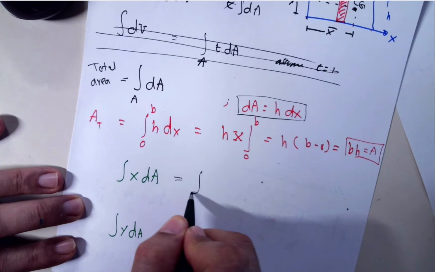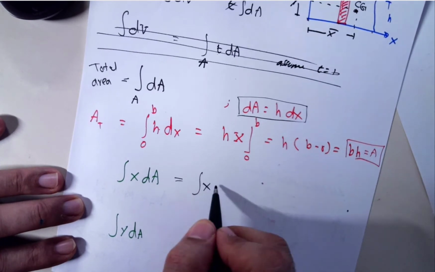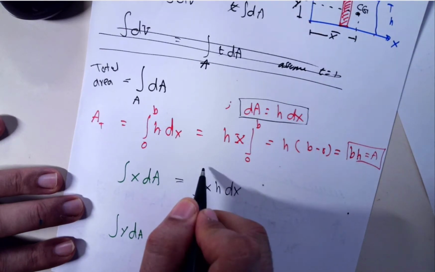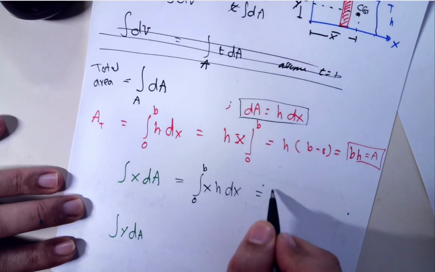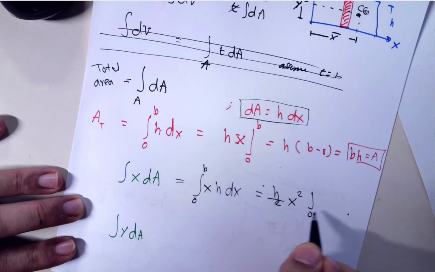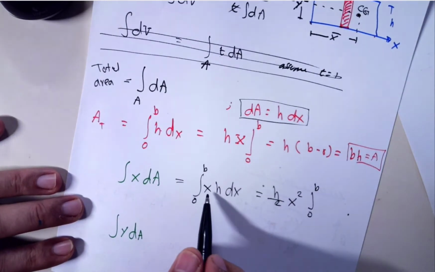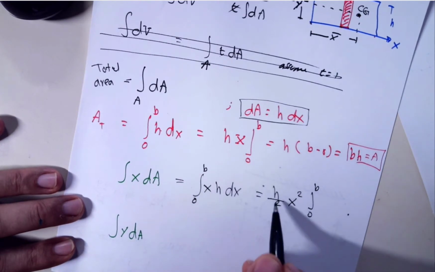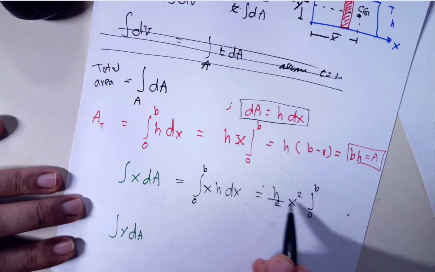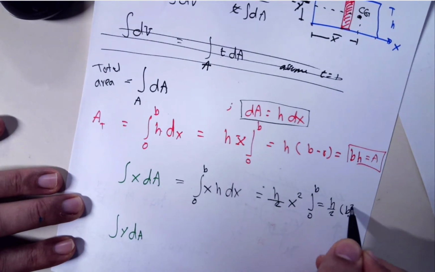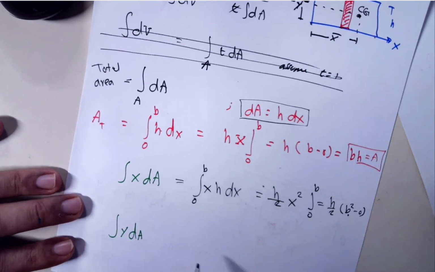So I can write x h dx, and my limit will be from 0 to b. This is h over 2 x squared from 0 to b. So what I did, I integrated x, h is outside, integration of x is 1 over 2 x squared, and then you substitute h over 2 b squared minus 0, right?